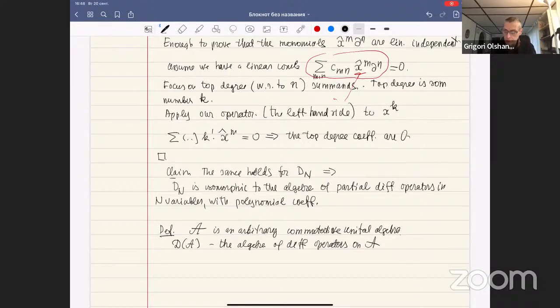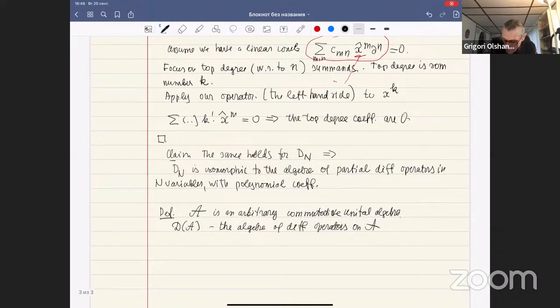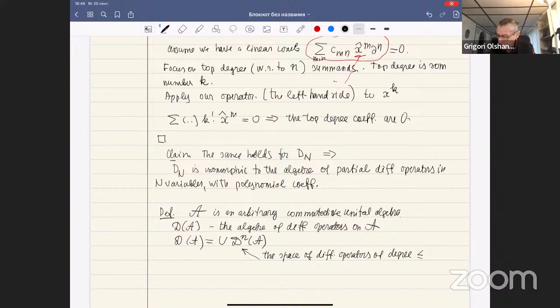The definition is very general. It seems it's due to Grothendieck and goes as follows. We define D(A) as the union of spaces D_n(A), the space of differential operators of degree less than or equal to n.